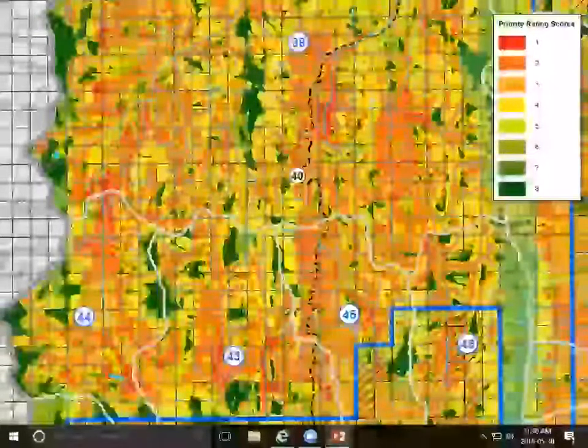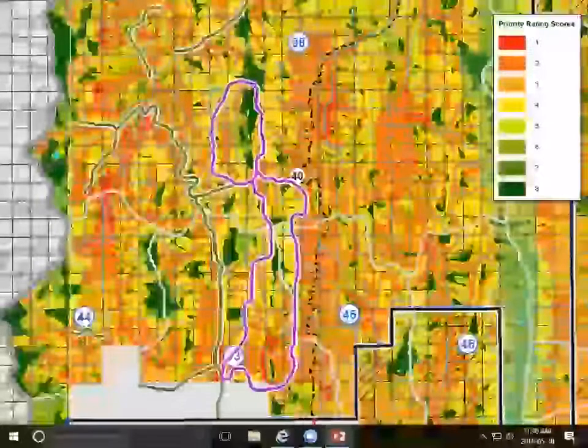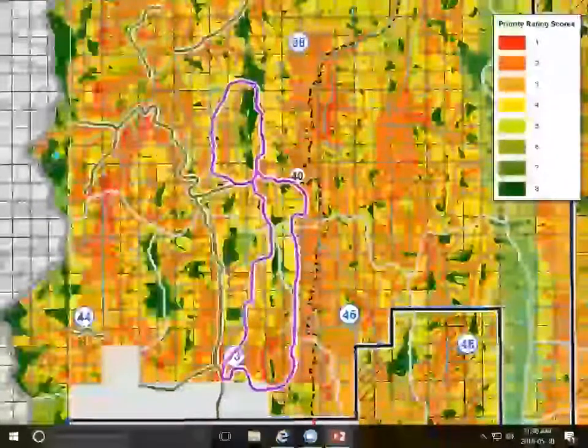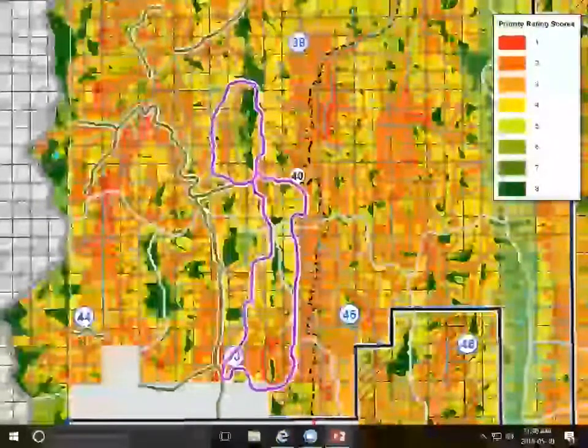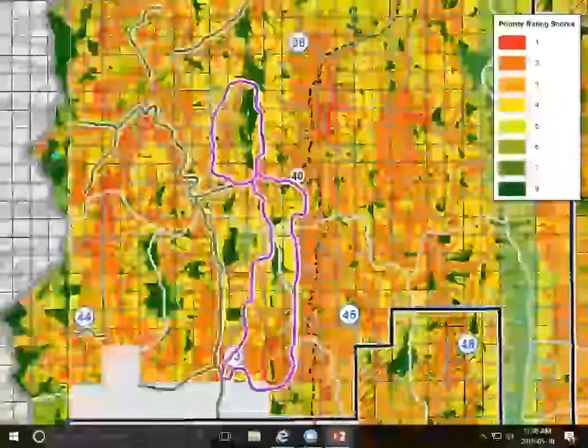This is a bit of a hack job that I did, but I overlaid some of the new OHV trails that are proposed in the new recreation management plan. So this could be a tool in the future when looking at campground sites and new trail infrastructure: where in the landscape do you want to go, with areas that, if they're disturbed more than others, are maybe not going to have as much impact on water quality and runoff.